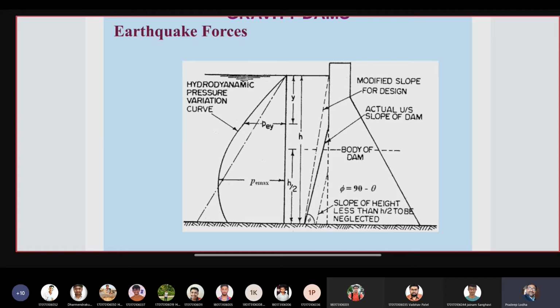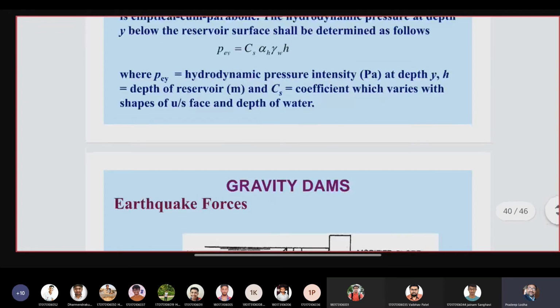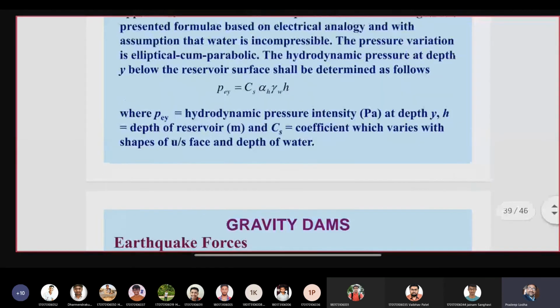And how to do the computation? We are not going to do the computation, but to find the total hydrodynamic pressure, we have to integrate this equation of PEY, which I showed you earlier. It needs to be integrated in two parts: one part is the elliptical part, the second part is the parabolic part.